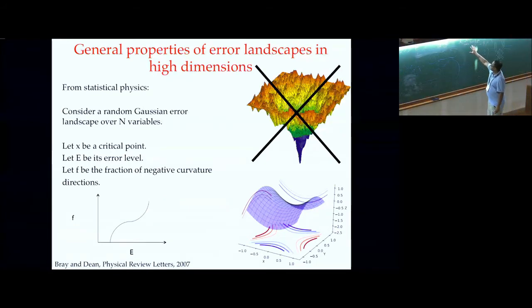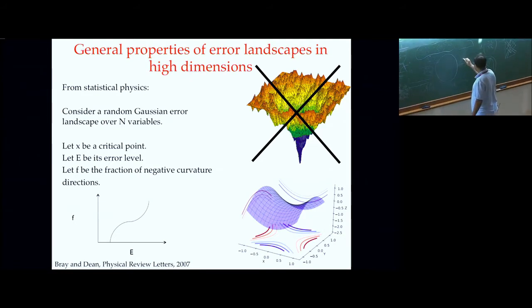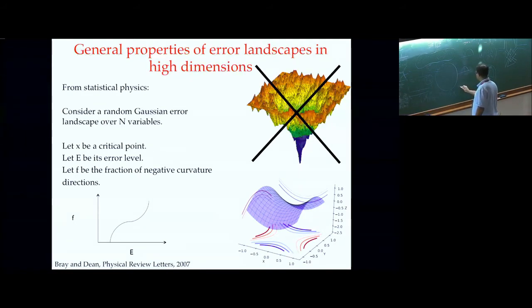But this isn't a generic random matrix. It occurred at a critical point that's at a certain error level. It turns out the error level just shifts the Wigner distribution such that if you're at the global minimum, the Wigner distribution is shifted like this, so everything's positive. As you go up, the Wigner distribution shifts over. So when you're halfway up, it really is a Wigner distribution.